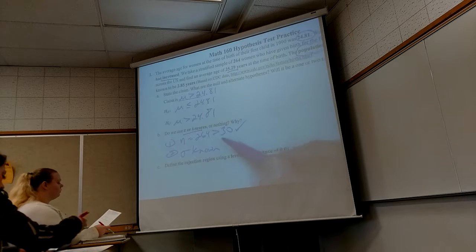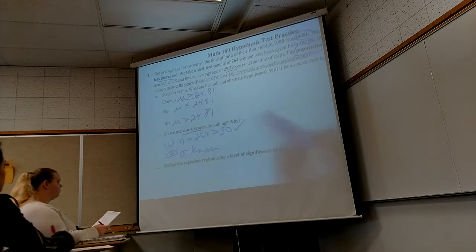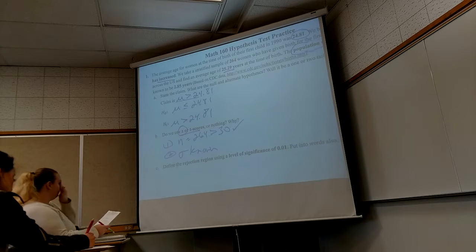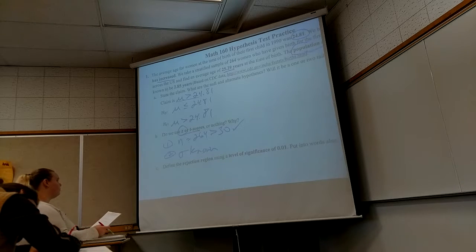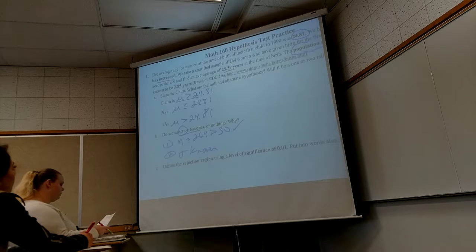So the first one says whether I could do something, and the second says which one I can do, which in this case is Z. So Z or T only cares about which standard deviation I know, because T-scores were invented for when I don't know sigma. That's why they were invented. Sample size just tells me, in some cases, if I could do something or not. It's normal enough or not.